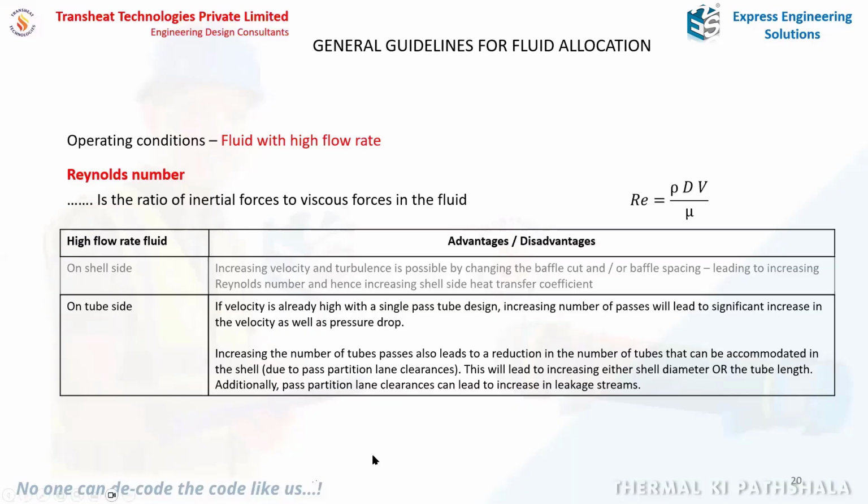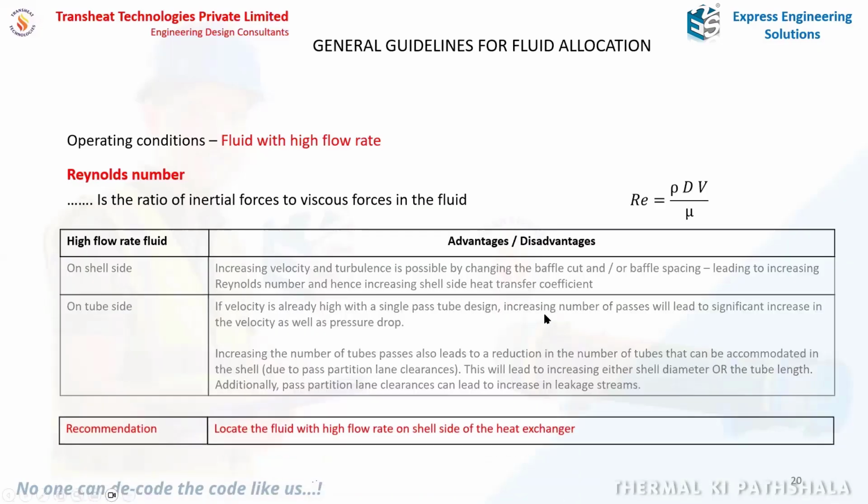So increasing the tube passes also leads to a reduction in the number of tubes, and again to leakages because of pass partition lane clearances. So due to all these factors, it's a recommendation that we should have the high flow fluid on the shell side again.